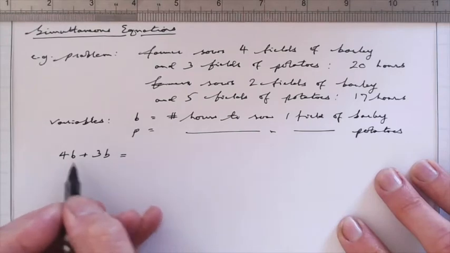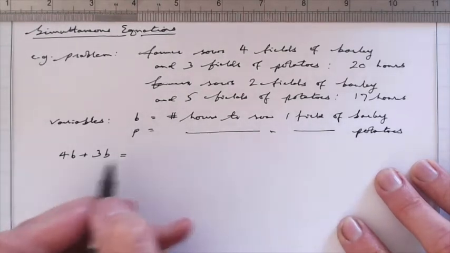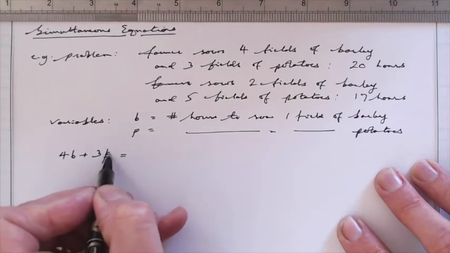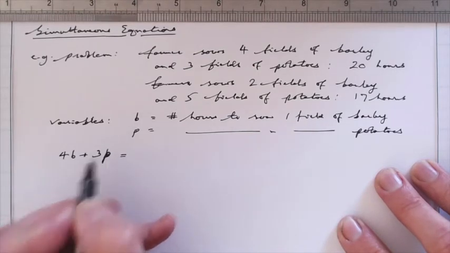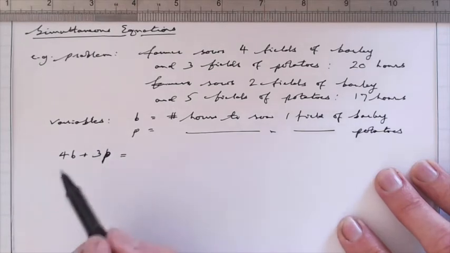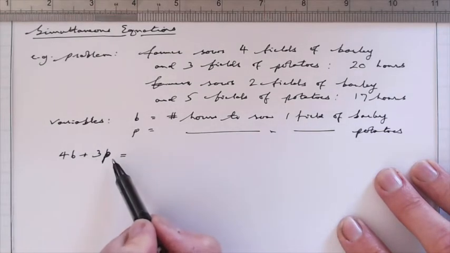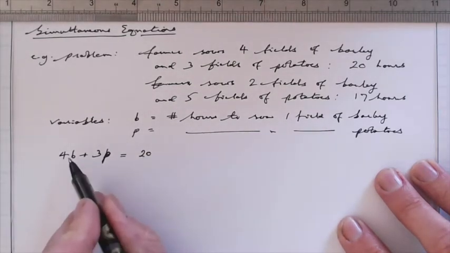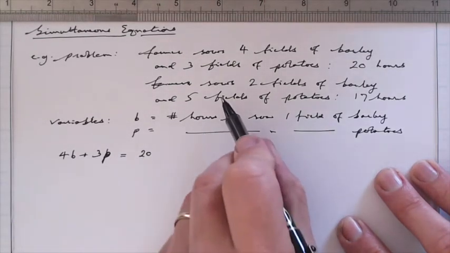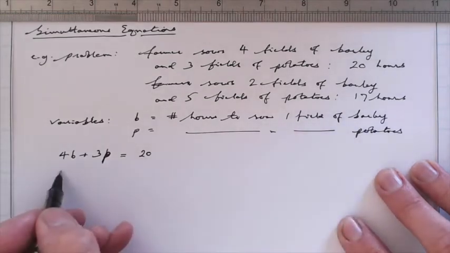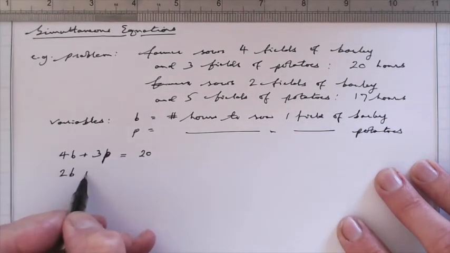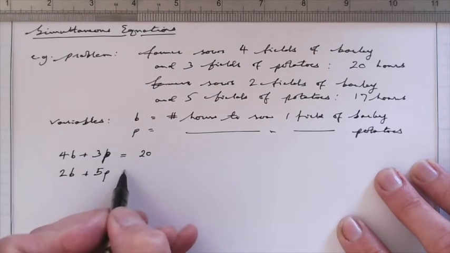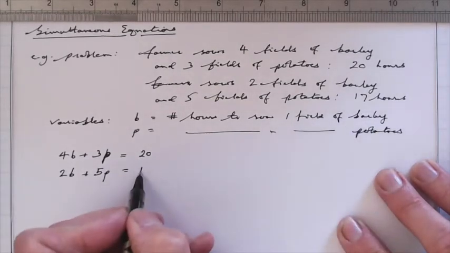So 4B + 3P = 20. Second scenario, 2 fields of barley, 2B, plus 5 fields of potatoes, 5P, 17 hours. So 2B + 5P = 17.